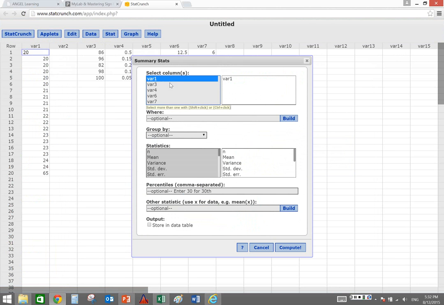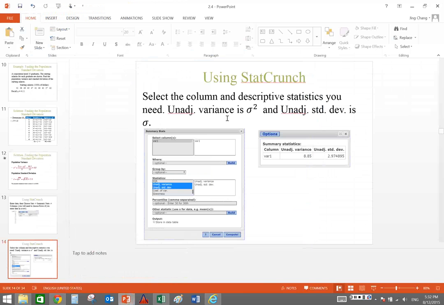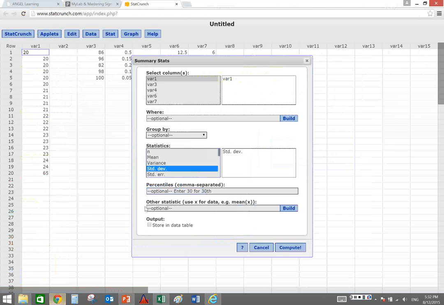If you choose variable 1, you can see here we have variance and standard deviation, but these are sample variance and sample standard deviation. So they are S squared and S. Here we want sigma squared and sigma. Do not use that. Choose the unadjusted variance and unadjusted standard deviation. Then you can get the data.